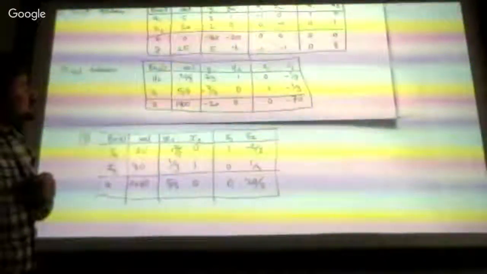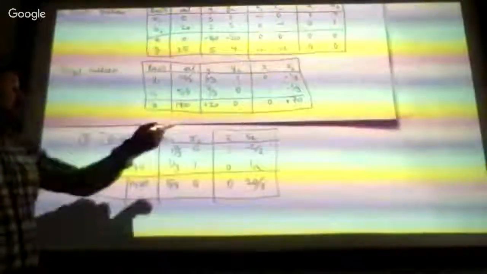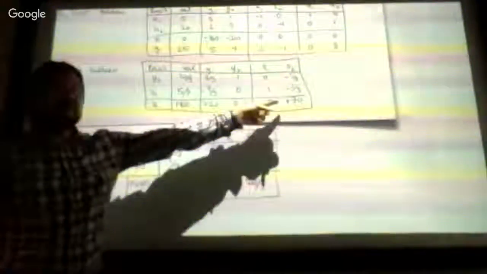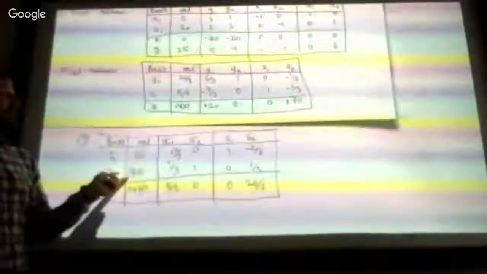But you can also, what have I done? Should be a 20 and a 70. I don't know why I put the minuses there. But you can also see that this 20 and this 70 looks conspicuously similar to this 20 and this 70.